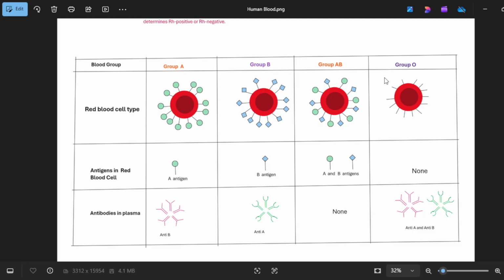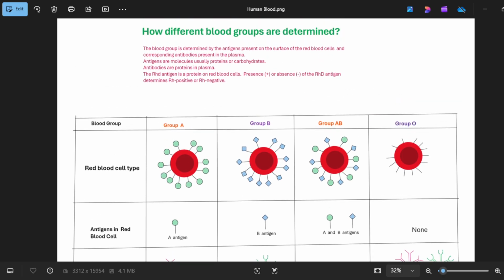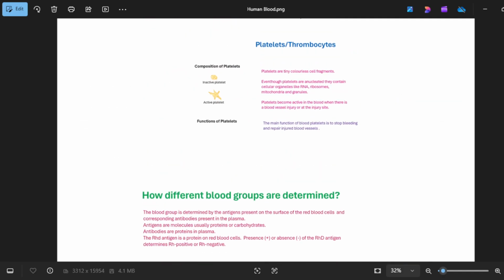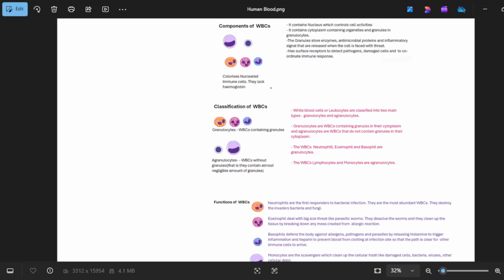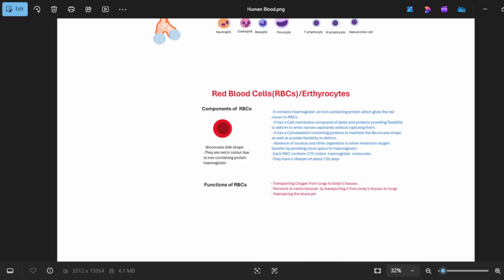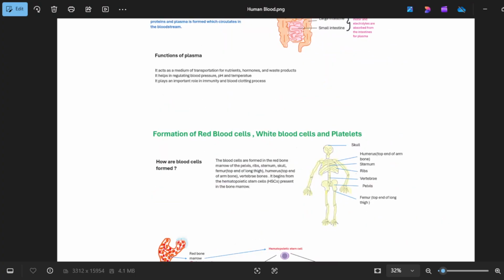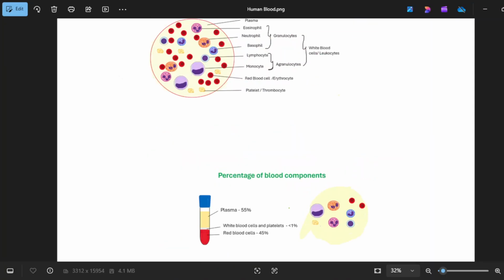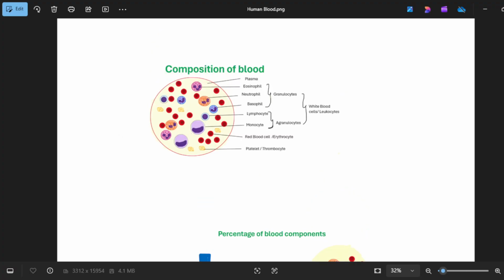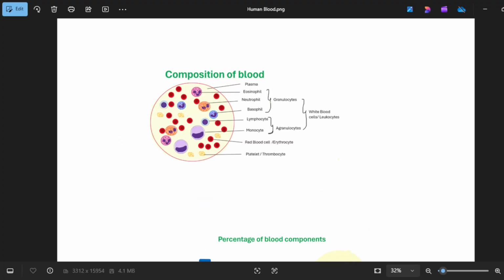So hope you have understood till here. In summary, we know there are different cells like WBC, RBC, and platelets, and plasma. All these components are present in the blood.